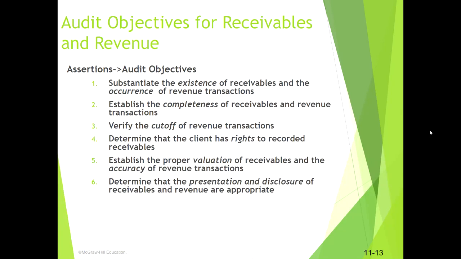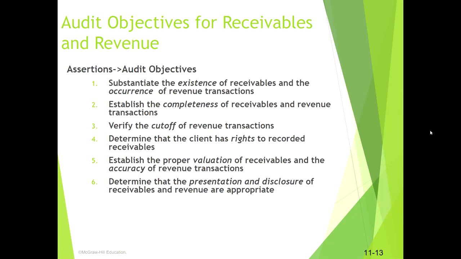And so existence/occurrence. Remember, existence is technically related to an account balance. So we have receivables that are an ending balance for receivables. We want to make sure that those actually exist, that they're valid receivables. And occurrence is technically related to transactions, so not a balance, but it's related to transactions. And so we want to make sure that those revenue transactions actually occurred, right?